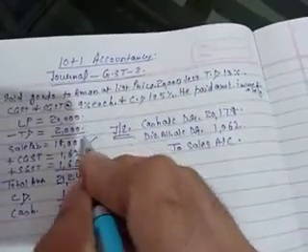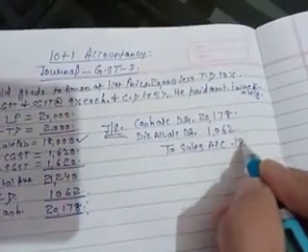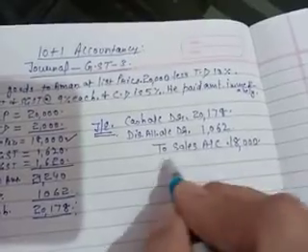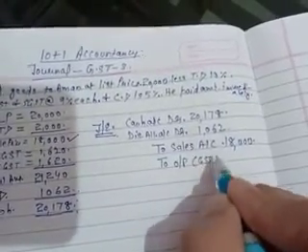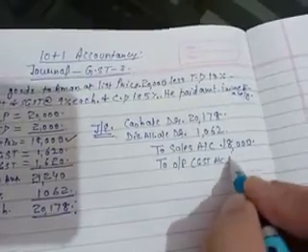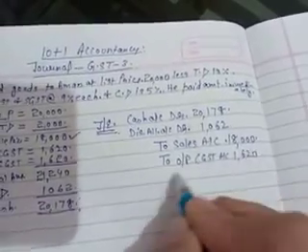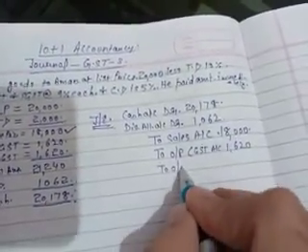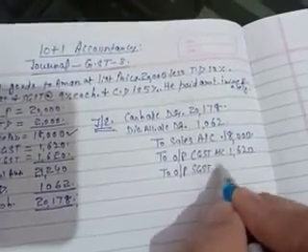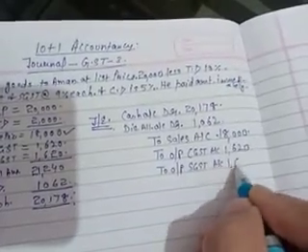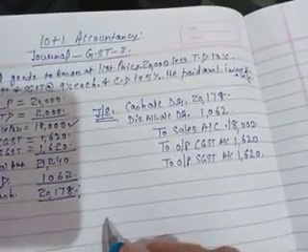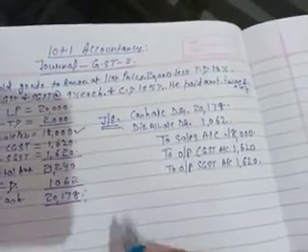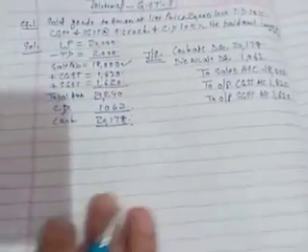This is our sales price 18,000 to output CGST account 1,620 to output SGST account 1,620 rupees. Is it clear? Okay. Next.